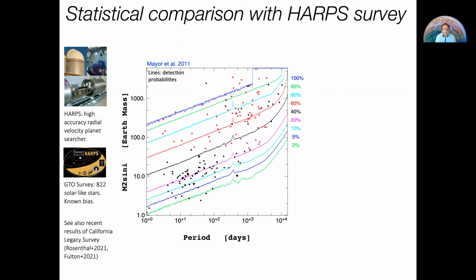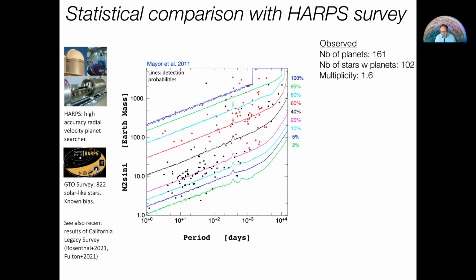So we have period versus mass. Points are the detected actual extrasolar planets, and the lines are the detection probabilities. We saw that already in the first part of the talk. And now we can count what we found. We found 161 planets around 102 stars, giving a mean multiplicity of 1.6.